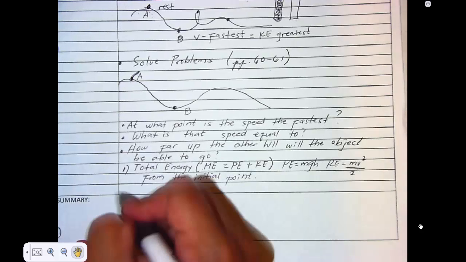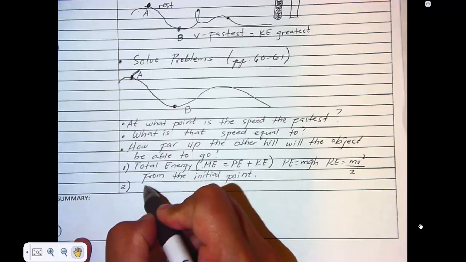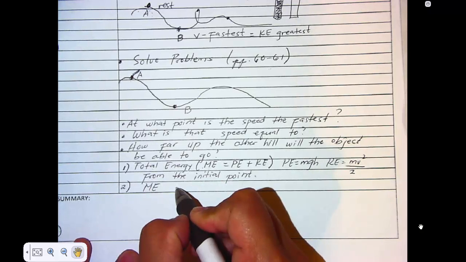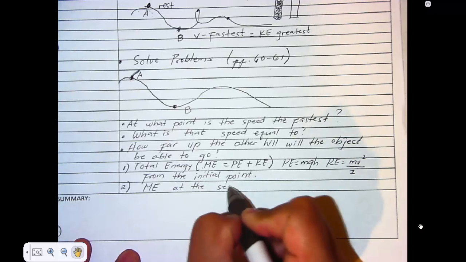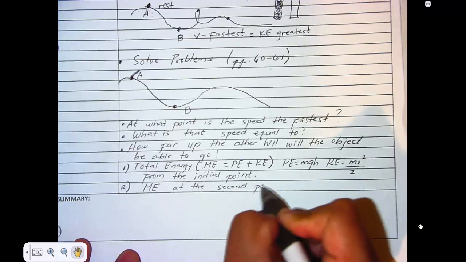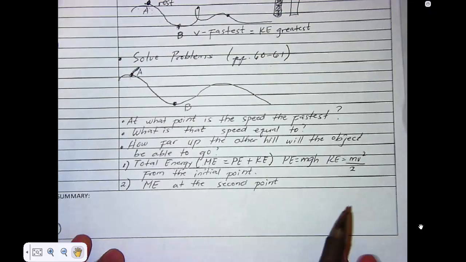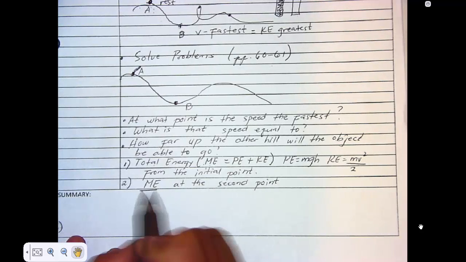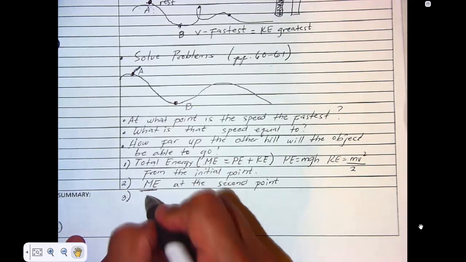After you do that, you do the same thing for number 2. Now you get the total energy, or mechanical energy, at the second point. Okay? After you get the mechanical energy at the second point, then you will use this mechanical energy to get your kinetic energy at that point.